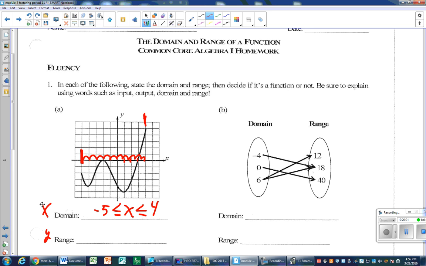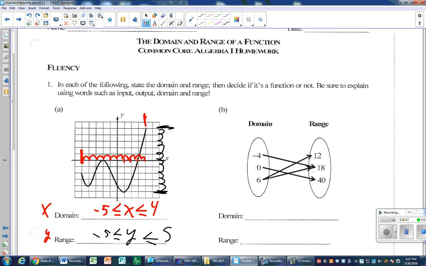The range goes from there to there. We're looking for the highest and lowest spots. -1, -2, -3, -4, -5 is less than or equal to y, which is less than or equal to +1, +2, +3, +4, +5. And that is the domain and range off of a graph.